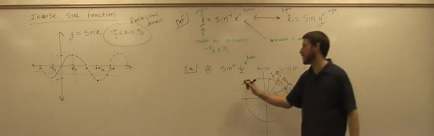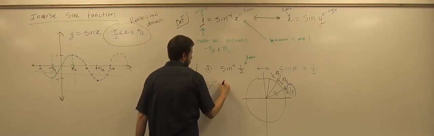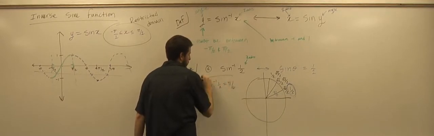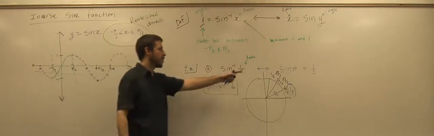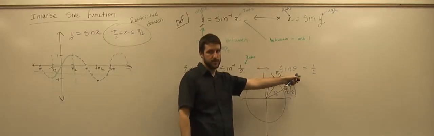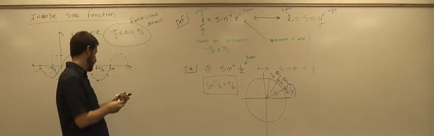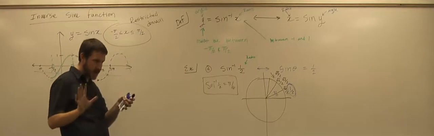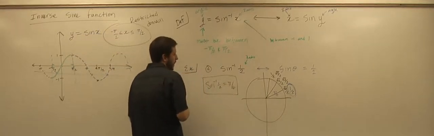So the answer to this, you would write sine inverse of 1/2 equal to pi over 6. It's equivalent to solving this equation. That's fine. Now here's what's not fine.